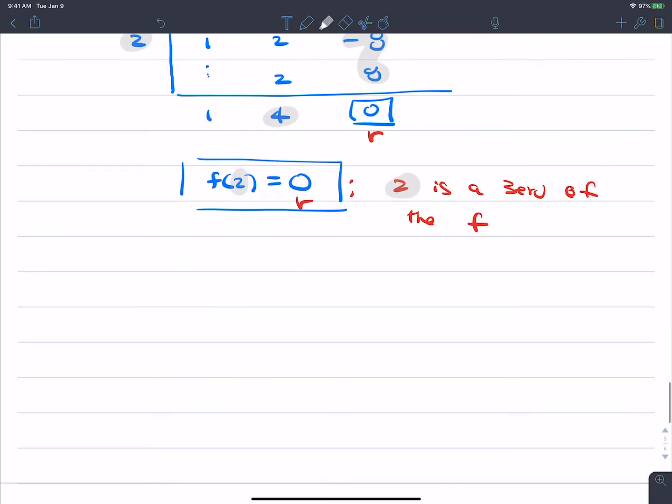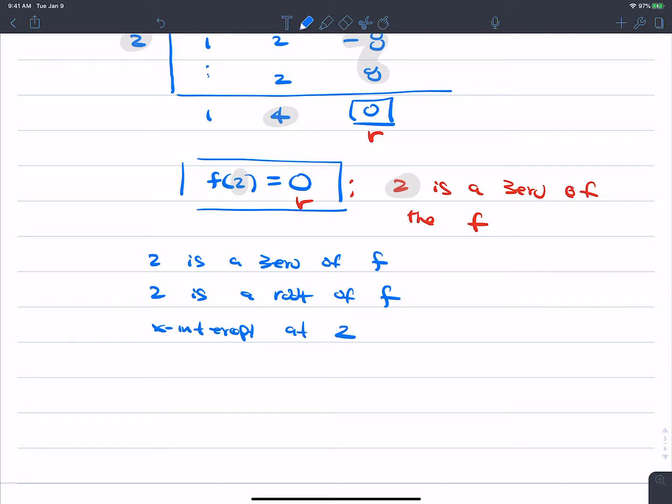We also said, by the way, and we'll write this down too, so let's draw our conclusion here. 2 is a 0 of our function. 2 is a root of the function. And we have an x-intercept at 2.